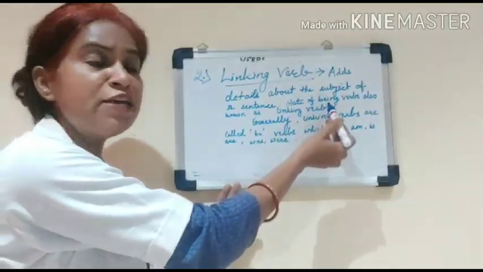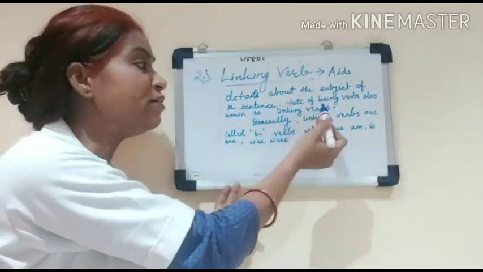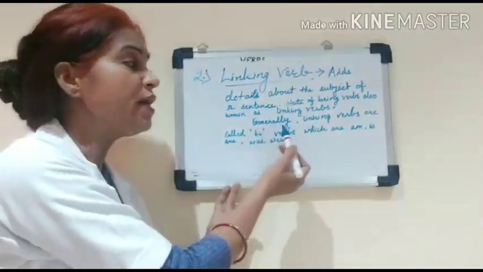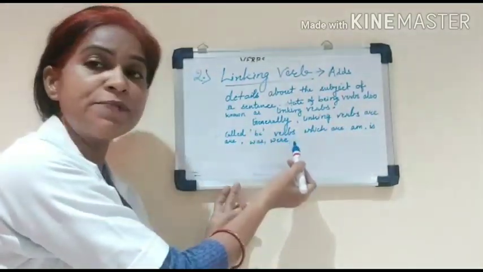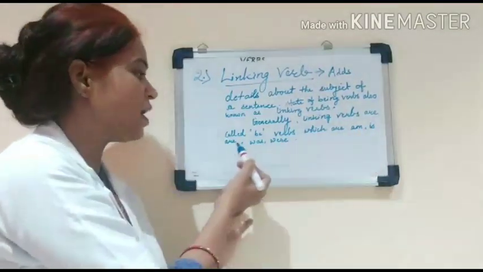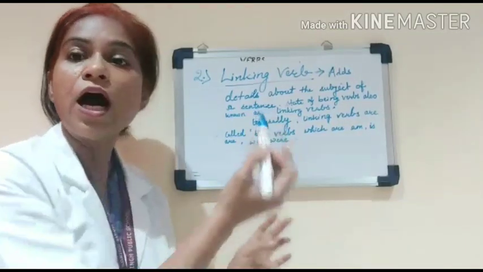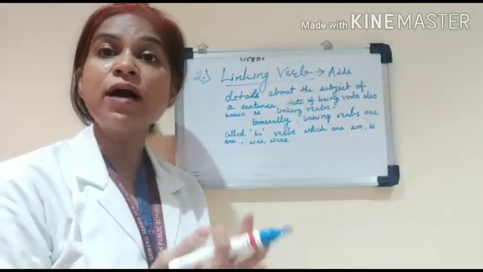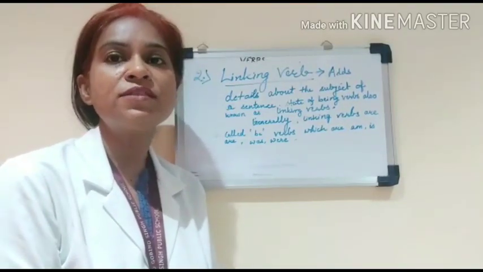State of being verbs are also known as linking verbs. Generally, linking verbs are called be verbs, which are am, is, are, was, were. However, there are some other verbs which can work as linking verbs.